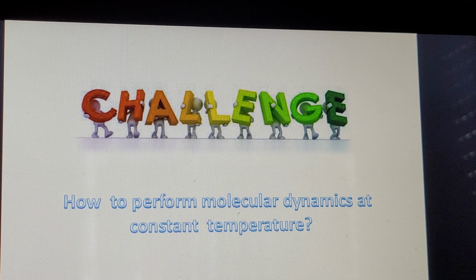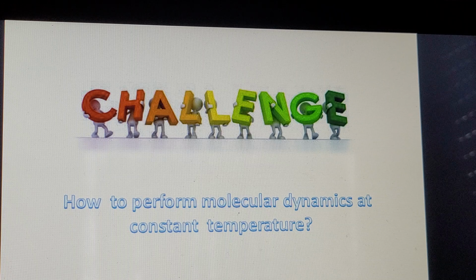But the challenge that we want to solve is how to perform molecular dynamics at constant temperature. As I was saying about different ensembles, in each ensemble sometimes you need to make some variable constant, and then you can study your ensemble and the configuration in which you want to measure something.